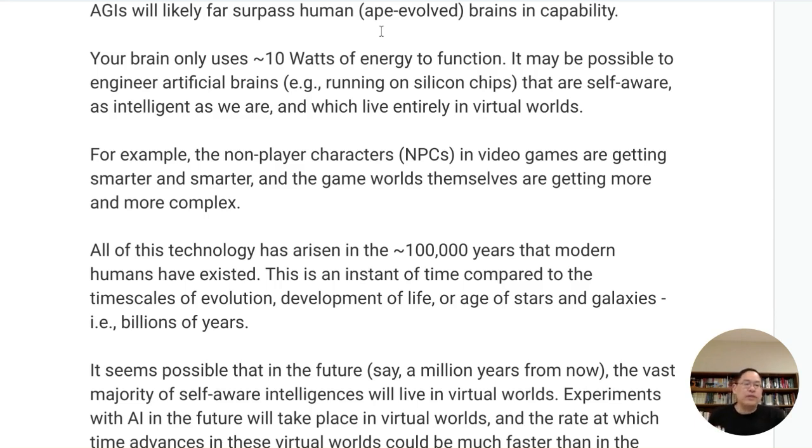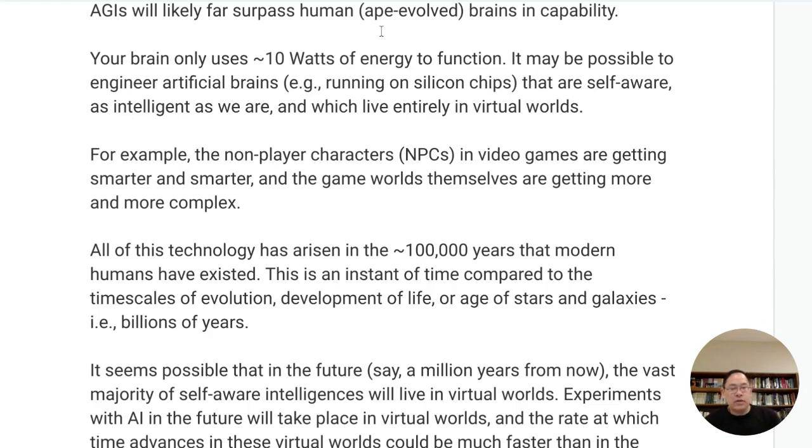And there's no reason why, as AI and AGI advance, there won't eventually be NPCs living in virtual worlds. Their sensors are not hooked up to our physical world, they're hooked up to what's happening in the game world, and they could be smarter than we are and self-aware. They could be super intelligent, living in a game world, and they might not know that they're living in a game world.